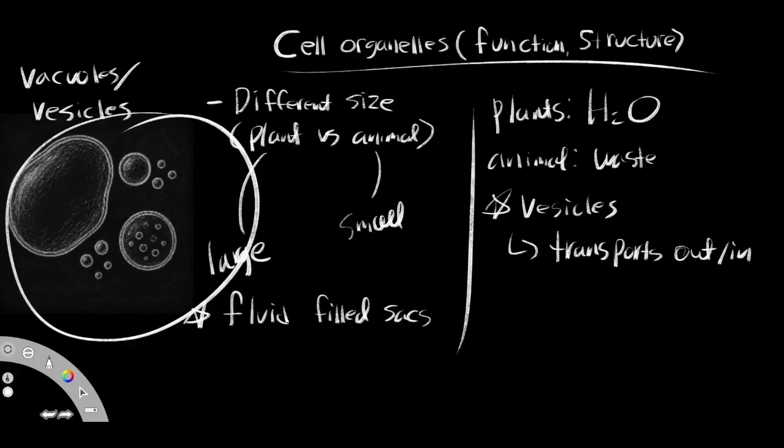And if something needs to come in, let's say there is a molecule over here that would be very, very beneficial for the cell to have, these vesicles will be able to take that one and embed it within the cell membrane and for it to come inside into the cell. Again, the vesicles would be responsible for that to happen over there.